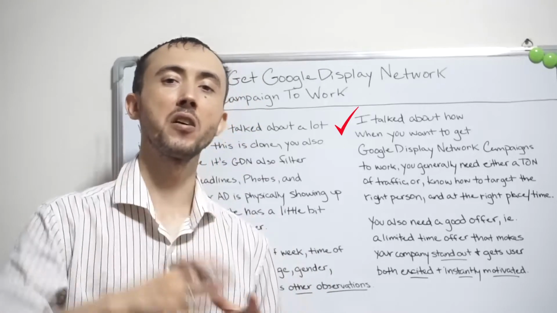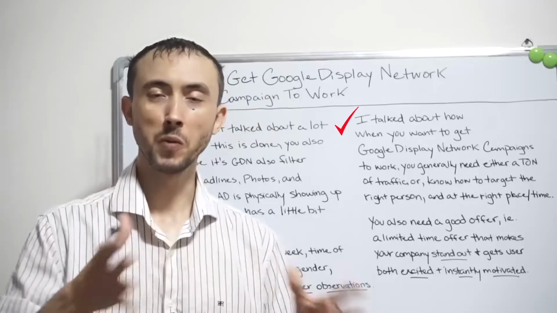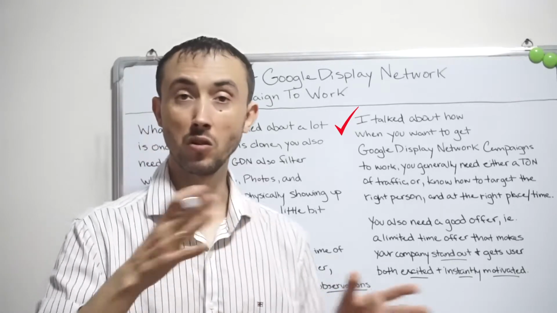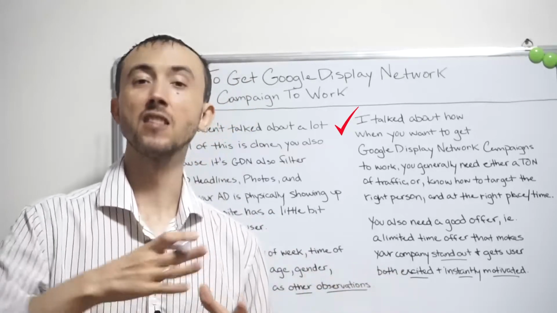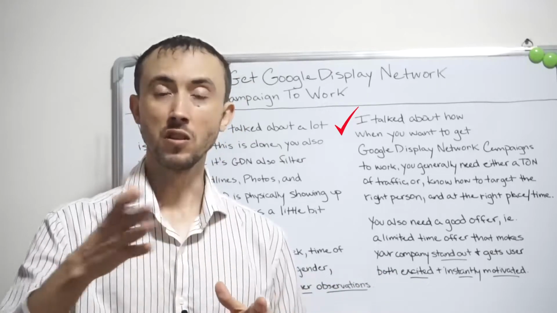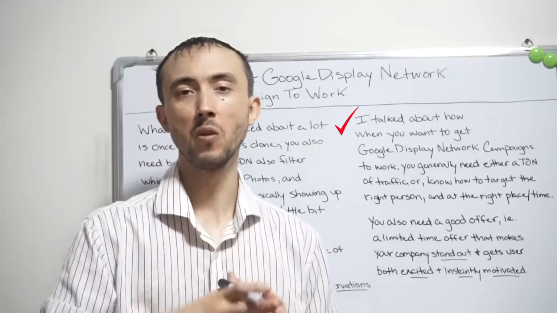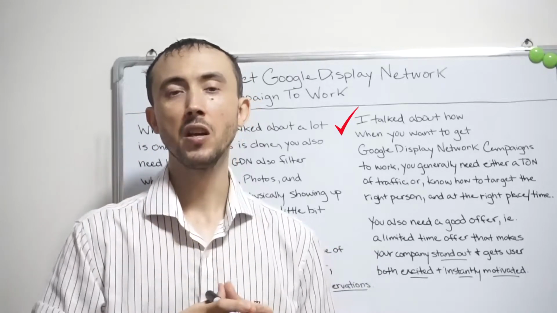So you could add a secondary targeting option to your Google Display Network ads. And this is a real example of where we've done this kind of setup where somebody was about to move into a new house.